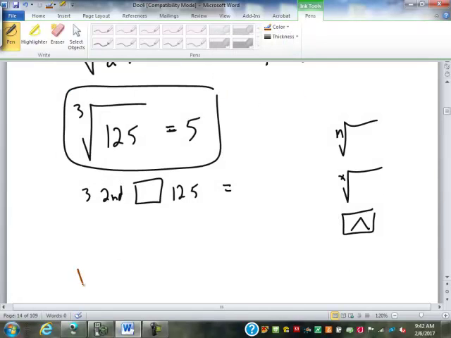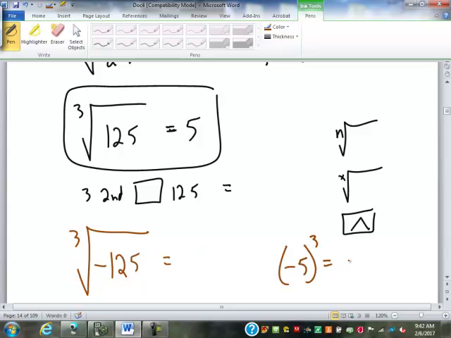Can I do the third root of a negative 125? Careful. If I do negative 5 to the third power, is that a positive 125 or a negative 125? Negative 125.